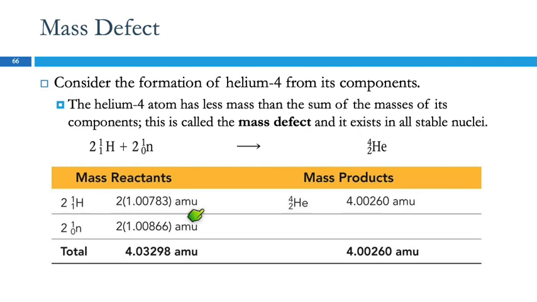So here are the numbers that we need. This hydrogen nucleus is a proton, right? So this is the mass of a proton, and this is the mass of a neutron. It's 783 and 866. Think I can remember that? Probably not.